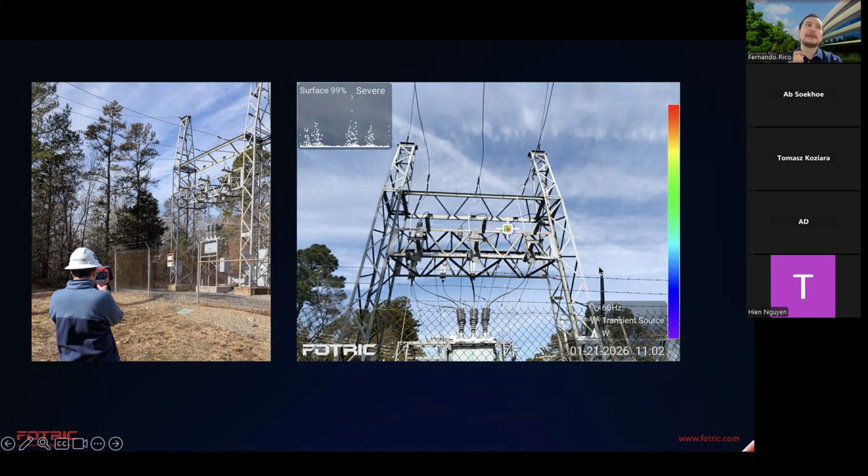Now, this particular case really caught my attention because they told us that they were already hearing the cracking noise. So it wasn't even something that was inaudible. And because they were hearing it, they had de-energized the entire system and replaced one, two, and three insulators.